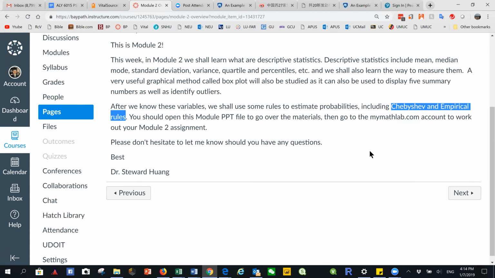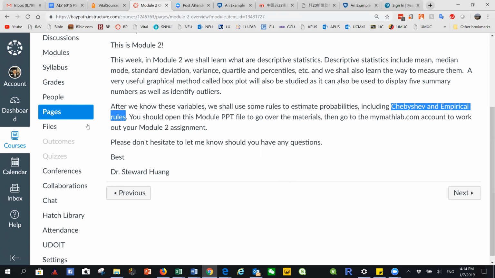A boxplot can also be used to determine the outliers. So in this module, we shall learn graphical and numerical ways to describe data that cover the center, variability, probability, shape, and outliers. These are the 5 areas that we are mostly interested in when you describe data.